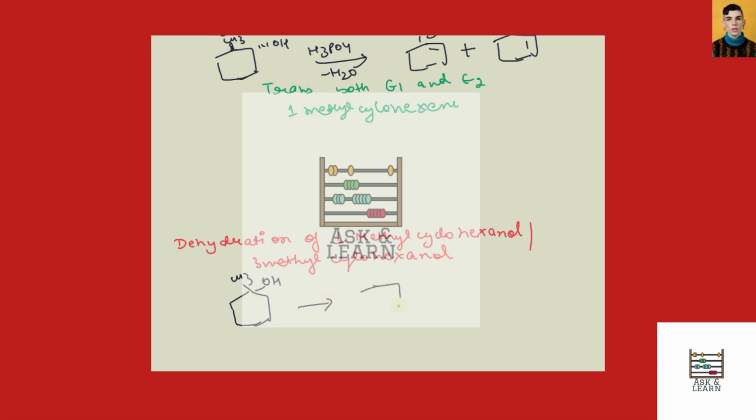There is a formation of one double bond at this position, another double bond at this position. This is the major product formed according to the Zaitsev rule.